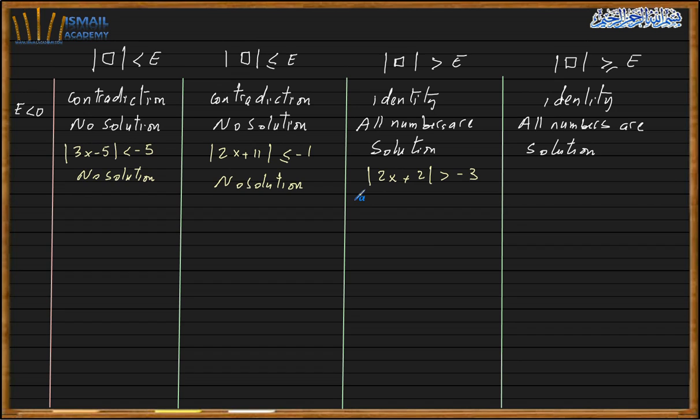And here, for example, I can use absolute value of x minus 5 is greater or equal than a negative number. So for the second case, e is equal to 0.